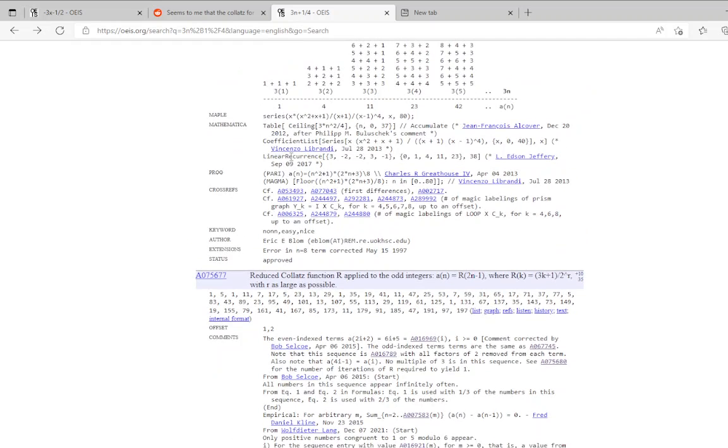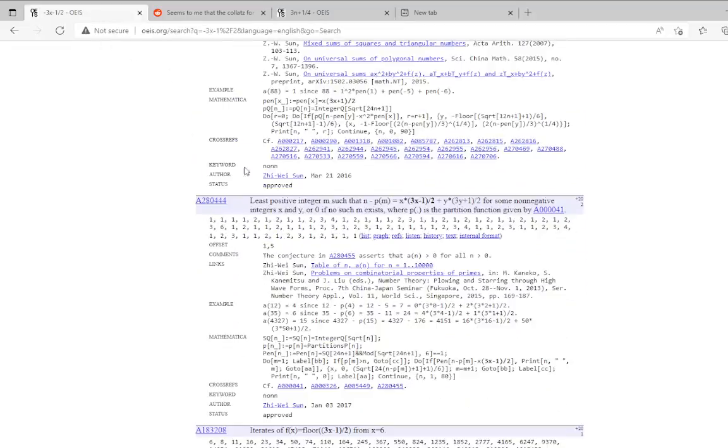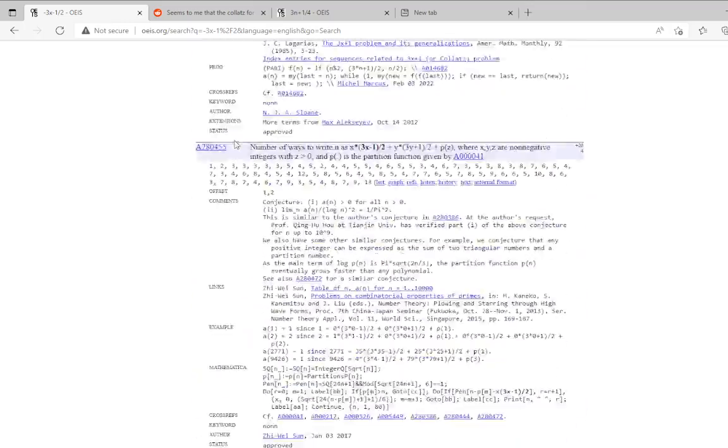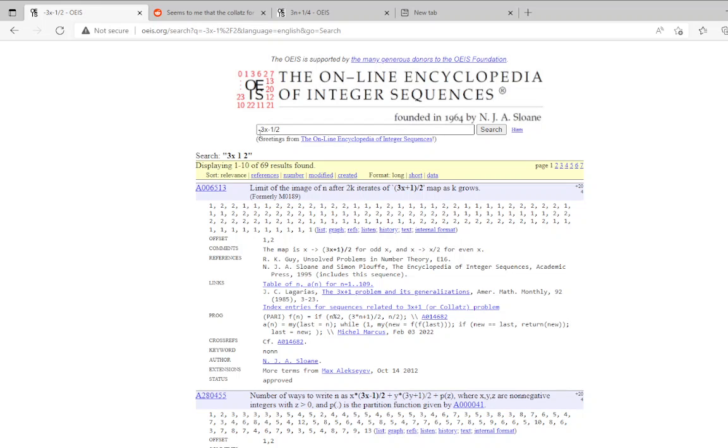But I can't find anything involving searching for 3 minus x minus 1 divided by 2.